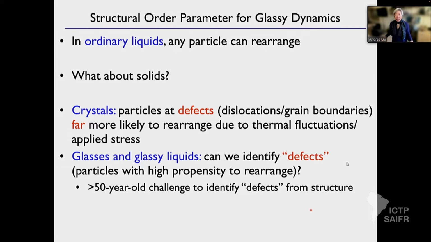So basically by 2010, people had sort of given up on the idea of being able to find defects from structure. But it turns out that it's incredibly easy with machine learning.